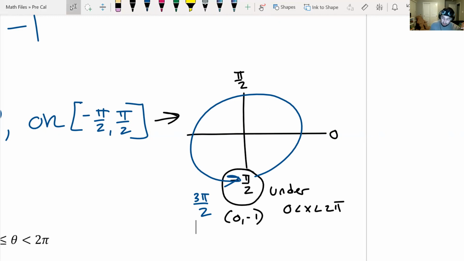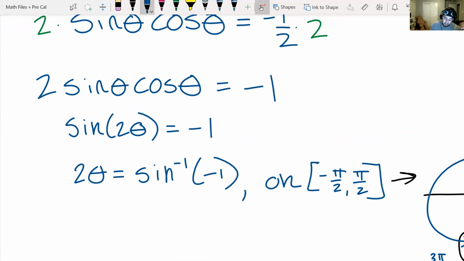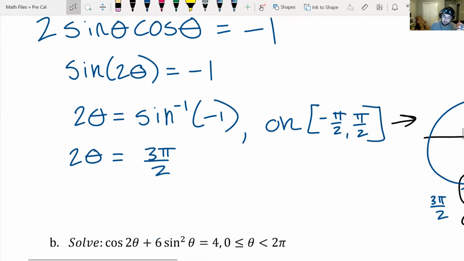Okay. Which means if we roll with that, we get 2 theta equal to 3 pi/2. And all we have to do is divide by 2 or multiply by 1/2.